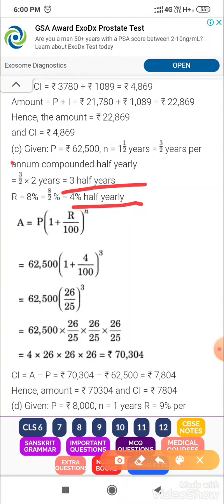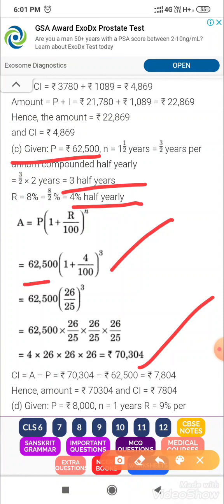Now put all the values from the question in our formula, and the formula is A is equal to P times 1 plus R upon 100 whole power T. So principal is rupees 62,500, rate is 4% and time is 3 years. After calculating this, we have rupees 70,304.